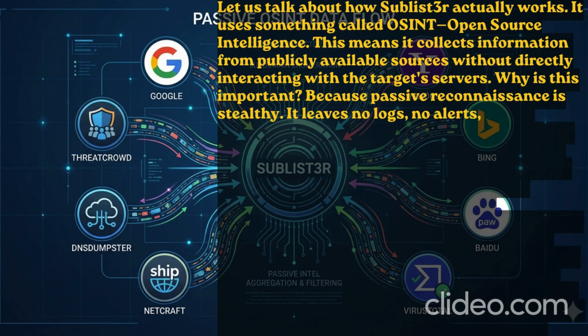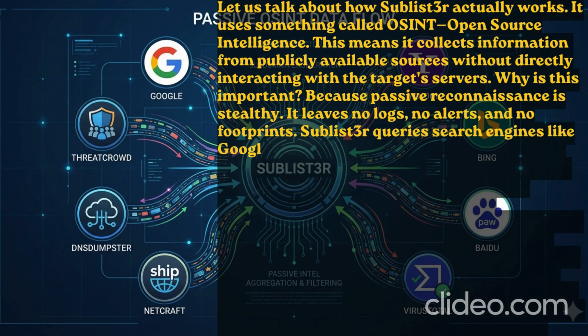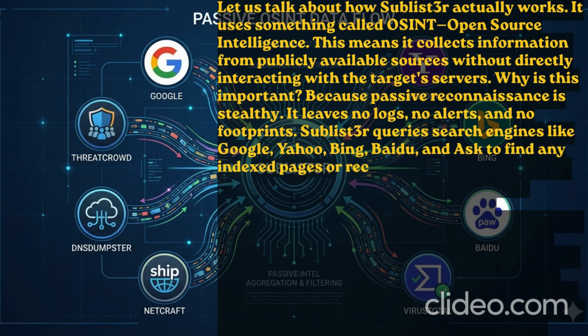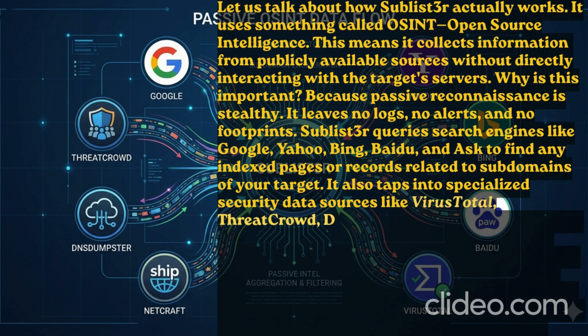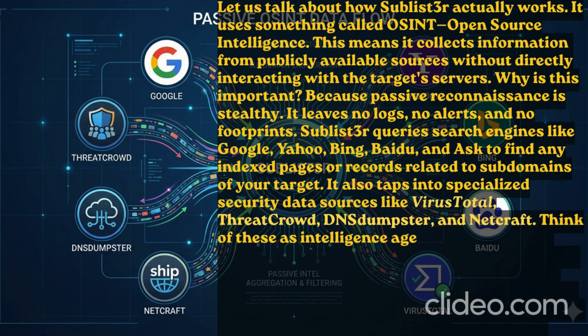Sublist3r queries search engines like Google, Yahoo, Bing, Baidu, and Ask to find any indexed pages or records related to subdomains of your target. It also taps into specialized security data sources like Virustotal, ThreatCrowd, DNSdumpster, and Netcraft.